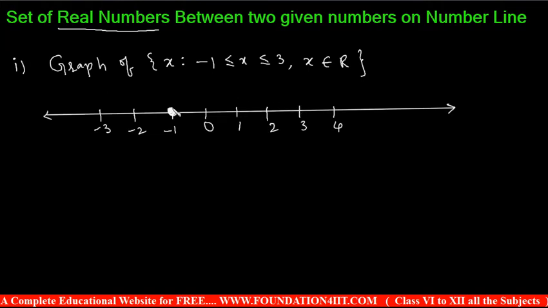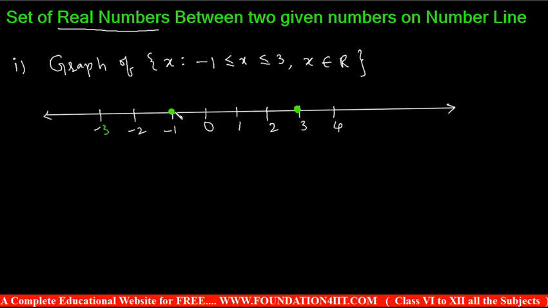So this is the entire range: -1 is included and 3 is included. Because these are real numbers between -1 and 3, each and every number, even 1.1, 1.2, so infinitely many numbers, lie between them.